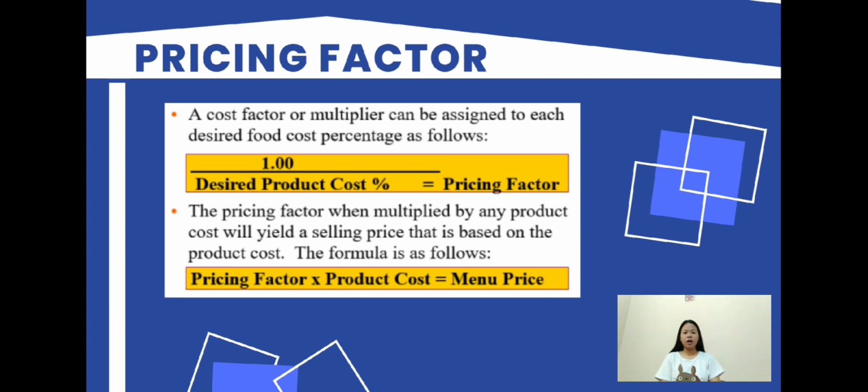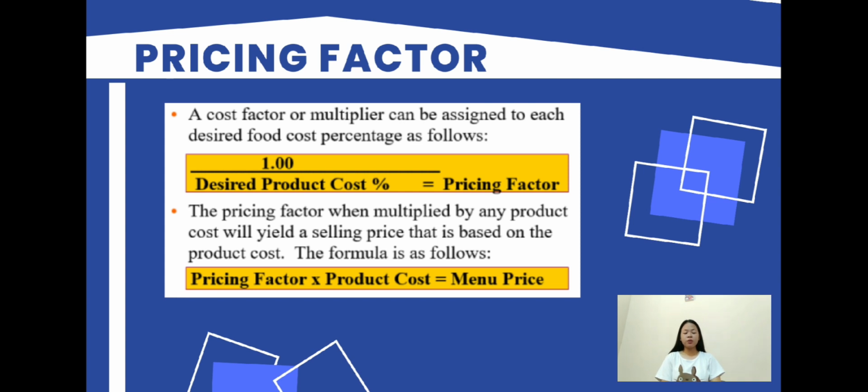Pricing factor. A cost factor or multiplier can be assigned to each desired food cost percentage as follows. Para po makuha yung pricing factor, ang formula na gagamitin natin ay 1.00 divide desired product cost is equal to pricing factor.